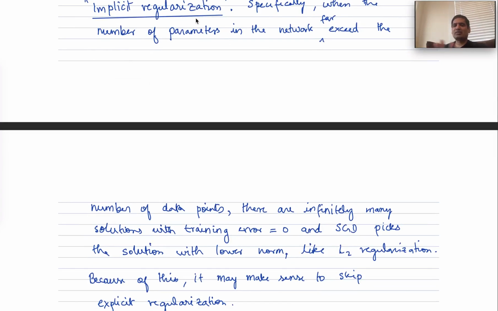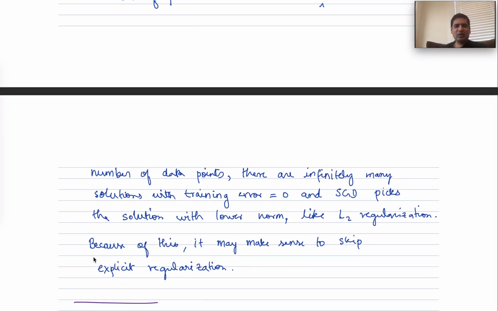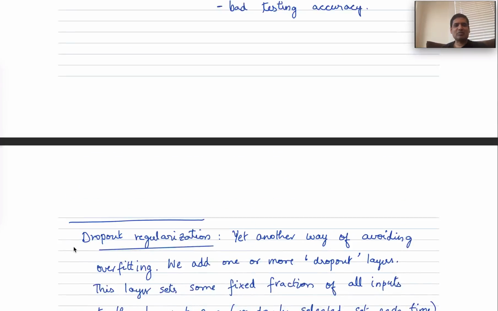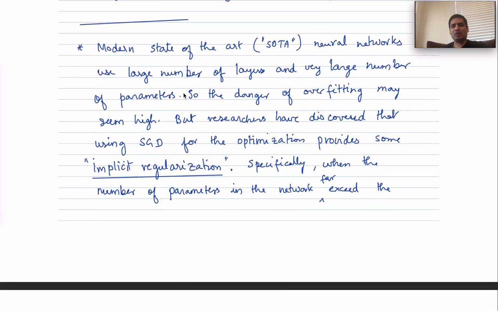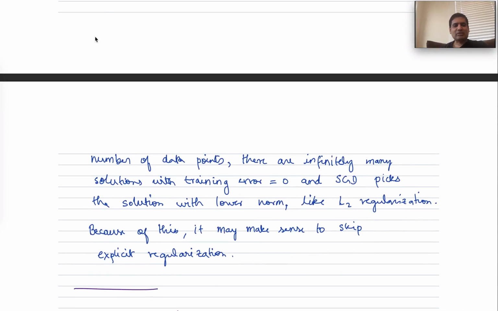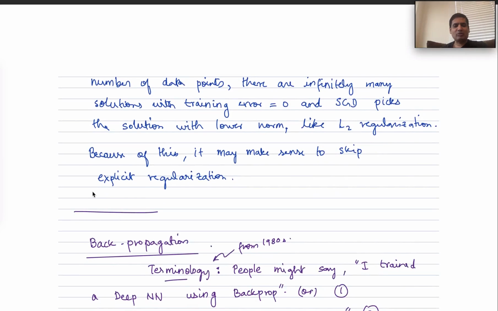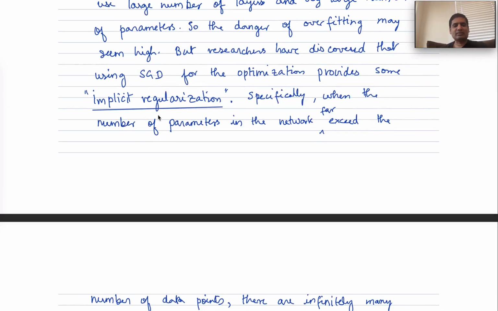Just using the algorithm makes sure that the function is not as complicated as it could be. Because of this property, people have perhaps started skipping some of these explicit regularizations like dropout regularization and so on. Anyway, I just want to make a remark about implicit regularization. This is again, like I said, an active area of research.